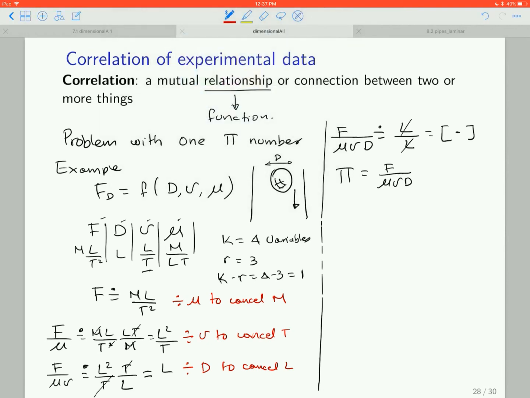Okay, so what is the meaning of having just one pi number? It means that this pi number is not a function of anything, because there is only one pi number.